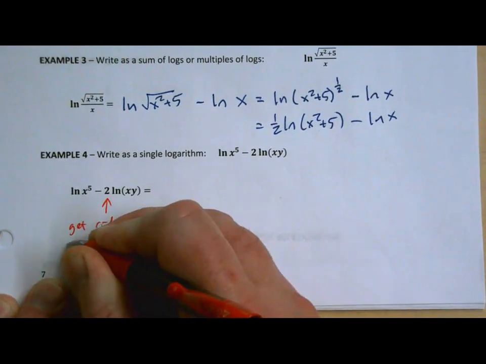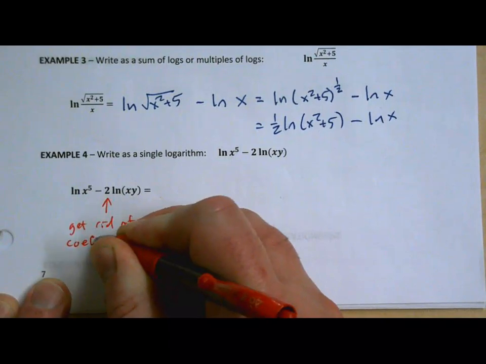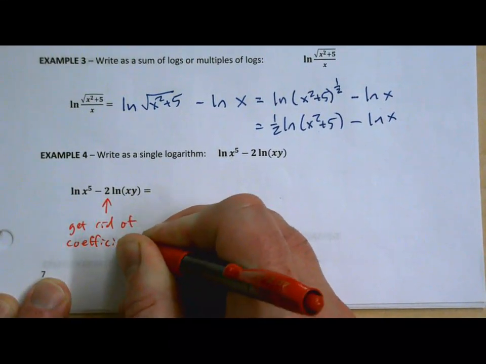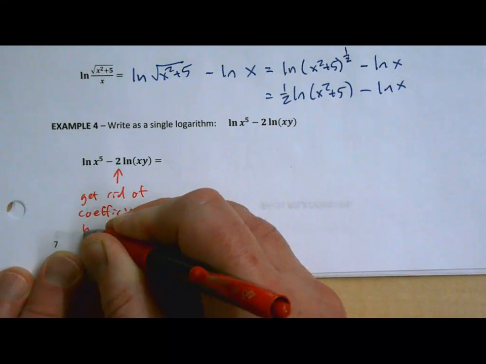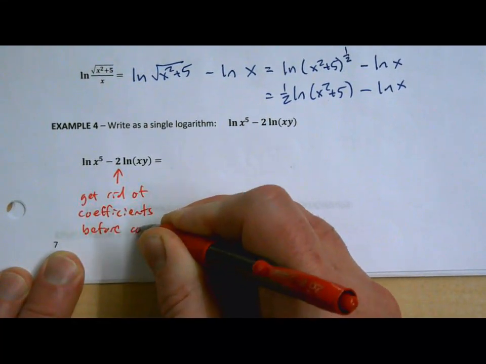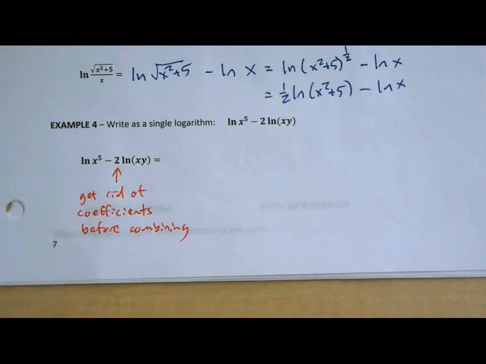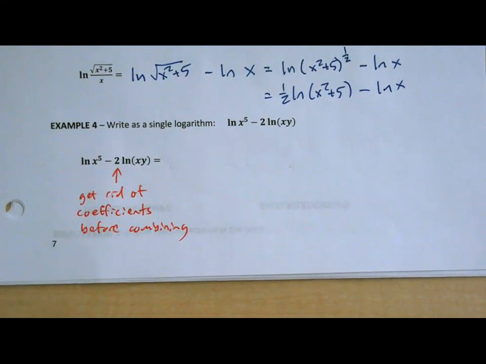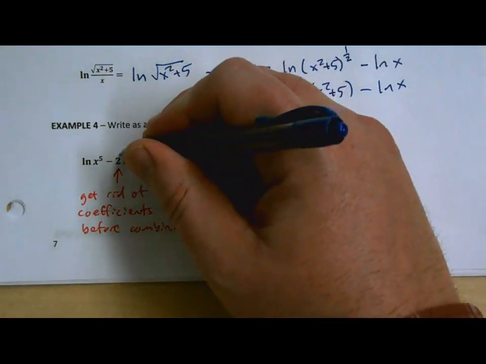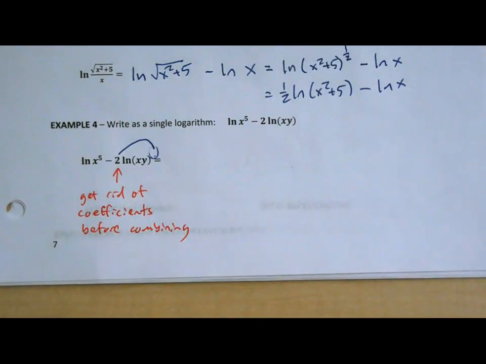I'm just going to write that down since this is our notes. So get rid of coefficients before combining. That's not a big deal. We know what we can do with a 2. If it's a coefficient, it can pop up here and become an exponent.